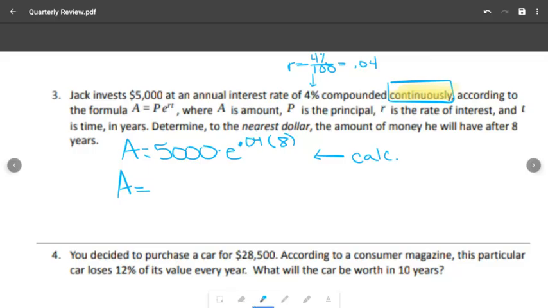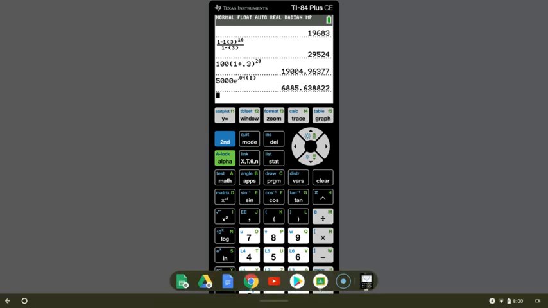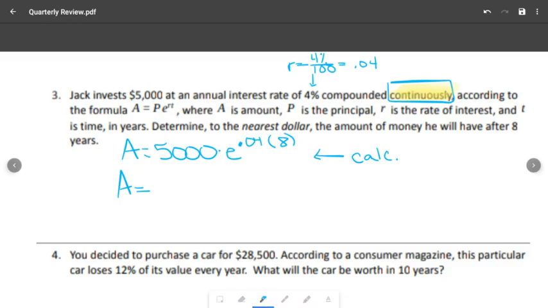And it said to round to the nearest dollar, so the nearest whole number. So that 0.6 tells the 5 to round up. So 6886. Because it's the nearest dollar, do not show me any decimal places.